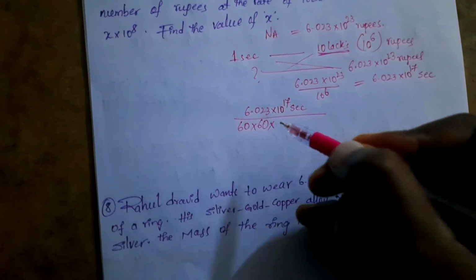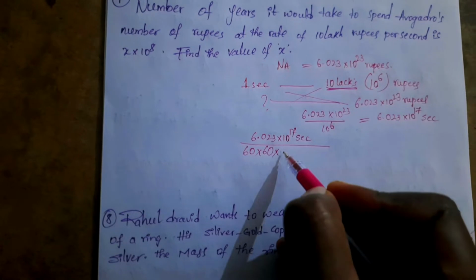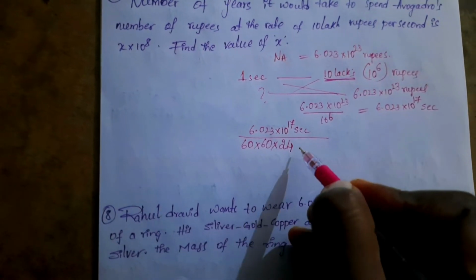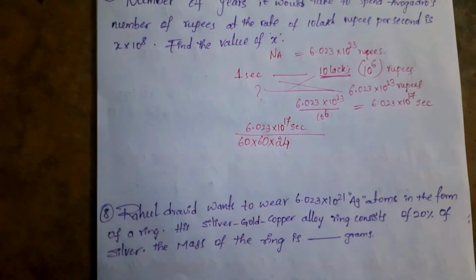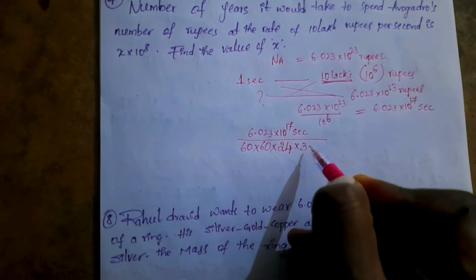Then it becomes hours. Now in one day we have 24 hours, so divide by 24. Such days are how many in a year? Total of 365 days.